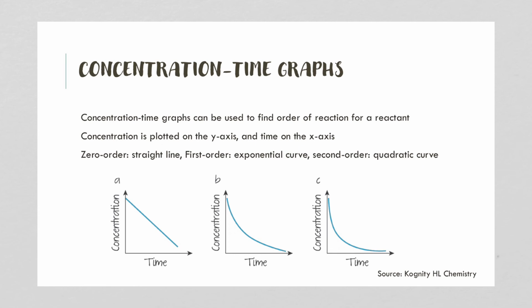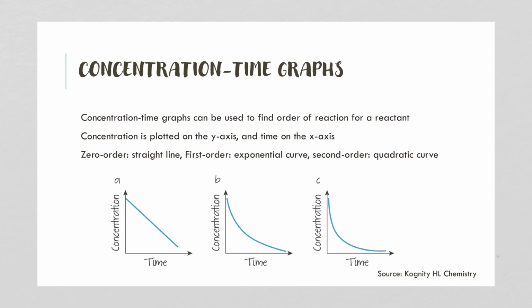You plot concentration on the y-axis right here and time on the x-axis. A zero order reaction would be a straight line, so it would be a linear relationship. A first order reaction would be an exponential curve, and then a second order reaction would be a quadratic curve.